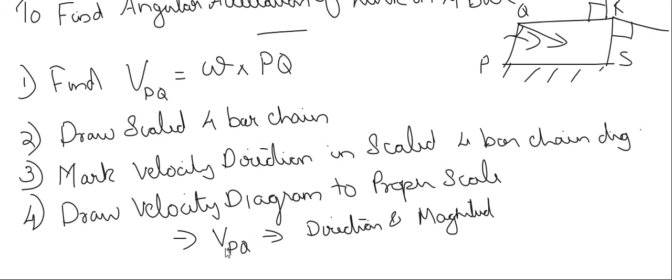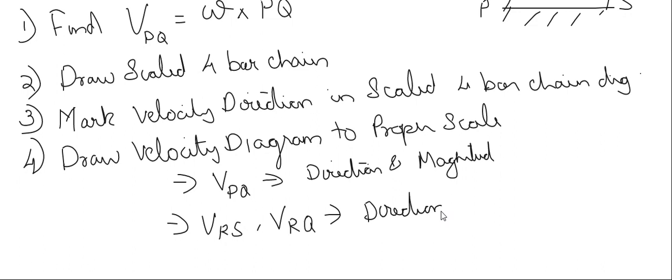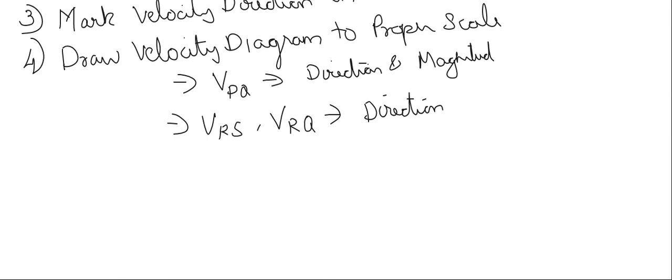We don't know the others; we only know VRS and VRQ in direction only. So use the directions marked in the 4-bar chain to complete the velocity diagram and find VRS and VRQ.